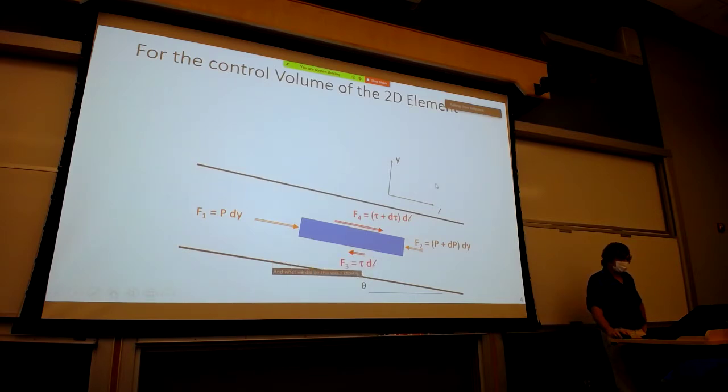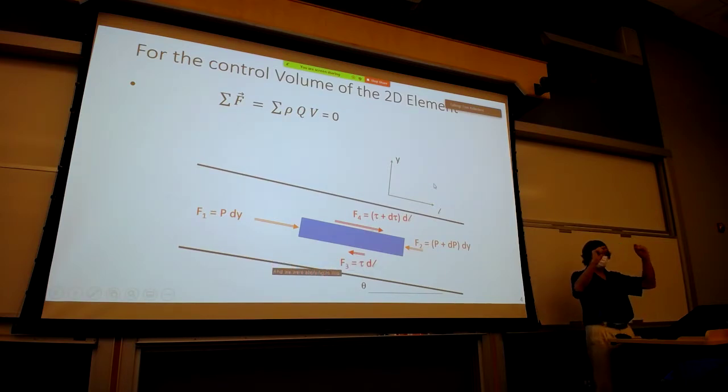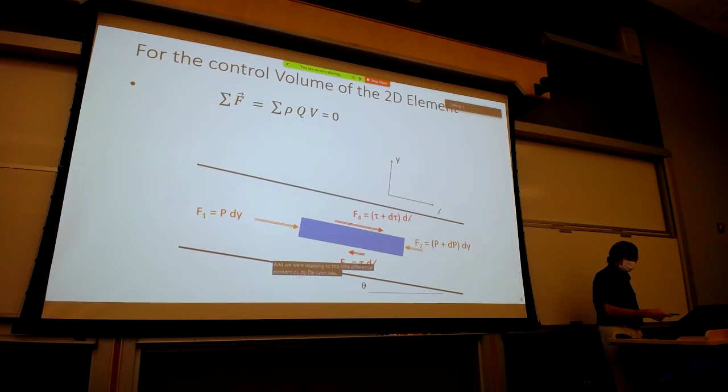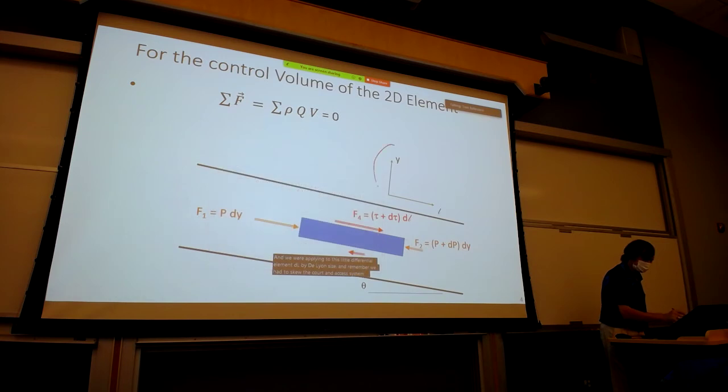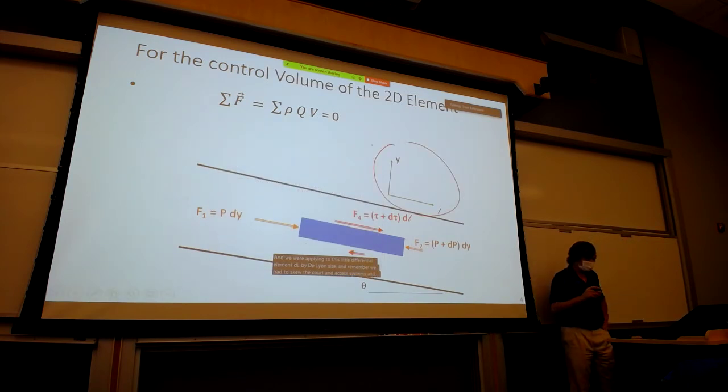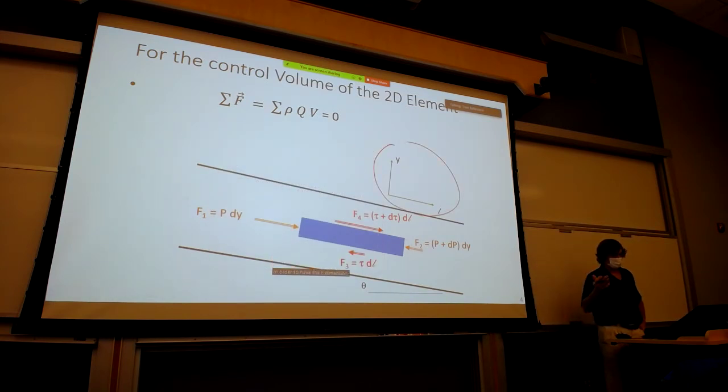identify the forces that were acting, and we were applying to this little differential element, dl by dy in size, and remember we had to skew the coordinate axis systems in order to have the L dimension parallel with the directional flow, basically.